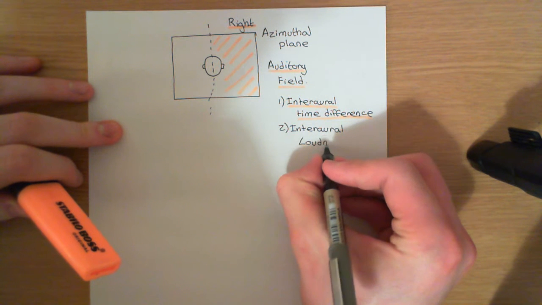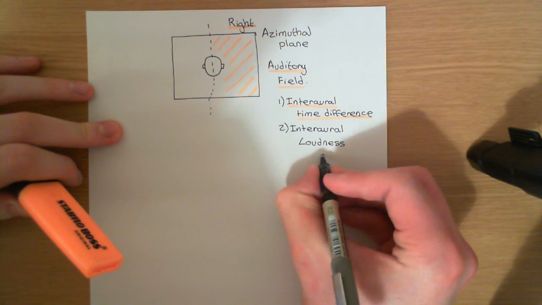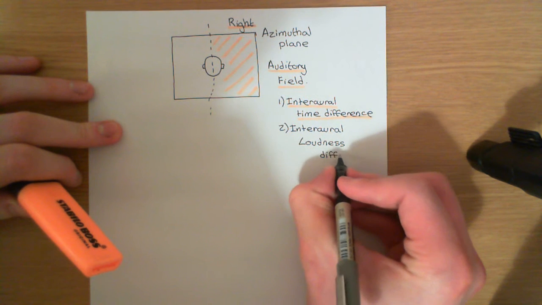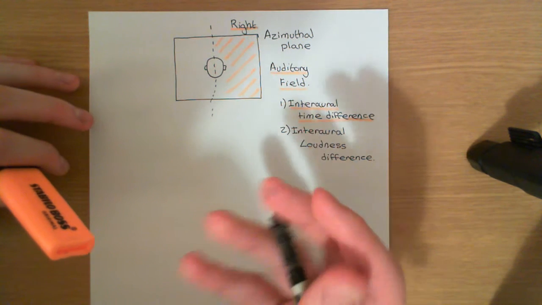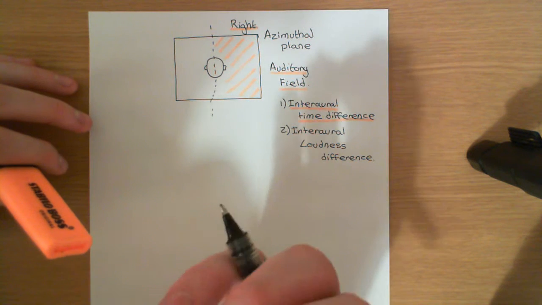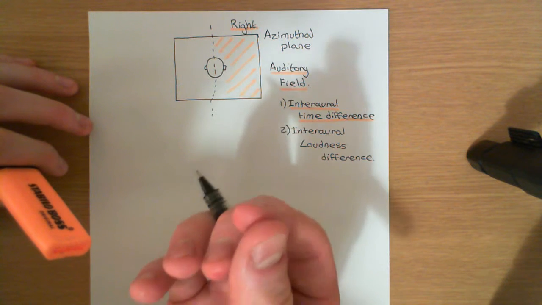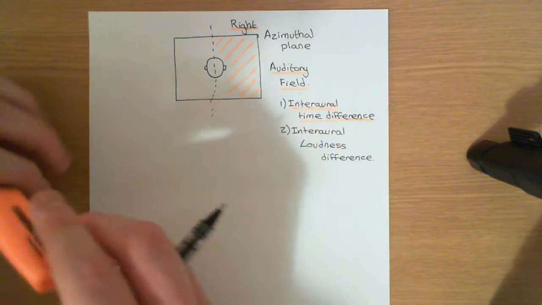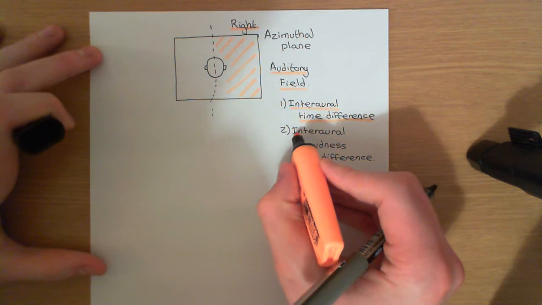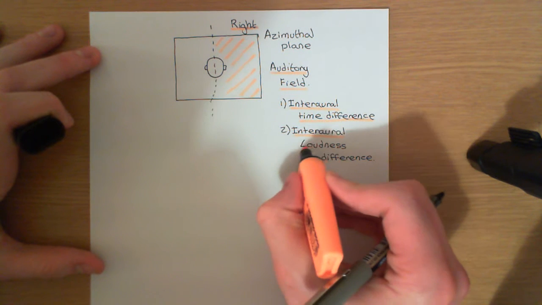There will also be an interaural loudness difference, because as sound has to go through more air, so the further you are away from an auditory stimulus, the amplitude of the rarefaction and compression, the amplitude of the pressure difference, is going to gradually dissipate. It gets weaker and weaker the further you are away from the sound.